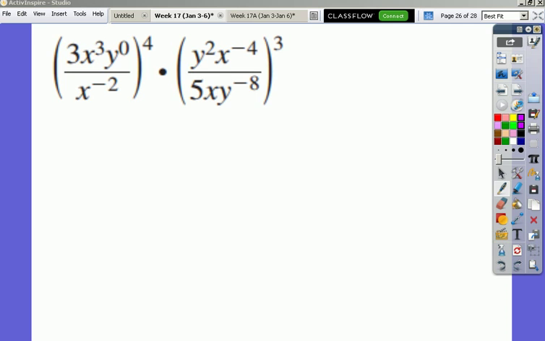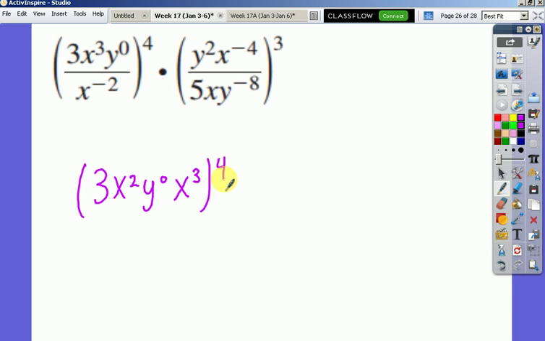So when we move it to the top, we end up with 3x squared, y to the 0, x cubed. And then I have 4, and then I still have times back here.